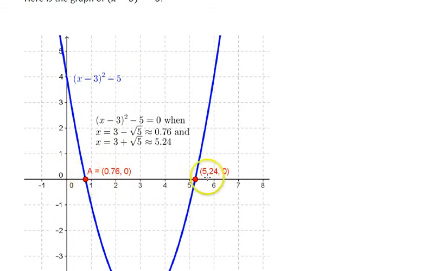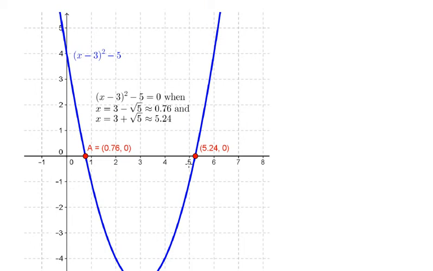Those are the two solutions that we just found. And if we compute 3 minus the square root of 5 on a calculator and round it off, it's approximately, that's what that sign there means, it means approximately equal to 0.76, and 3 plus the square root of 5 is approximately 5.24, and those are the two places where the parabola crosses the x-axis.